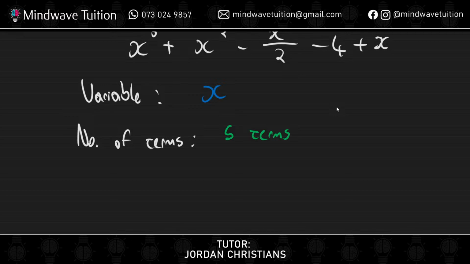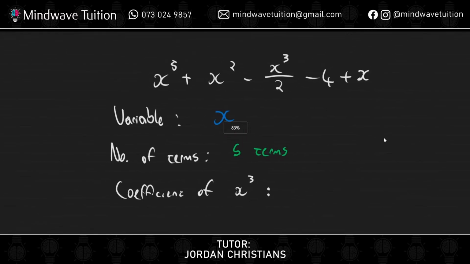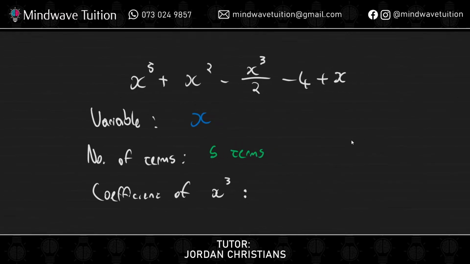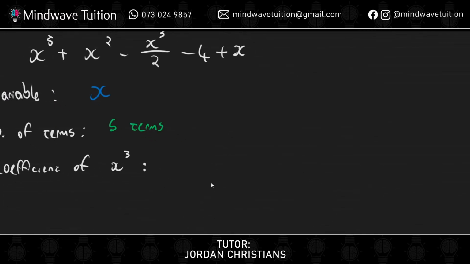Next we need to find the coefficient of, mistake there, it's x to the power of 3. So let's find the coefficient of x to the power of 3. So x to the power of 3 is on a fraction right here. It's all over 2. So let's just write down a quick fraction example.